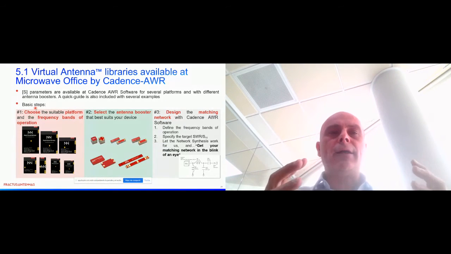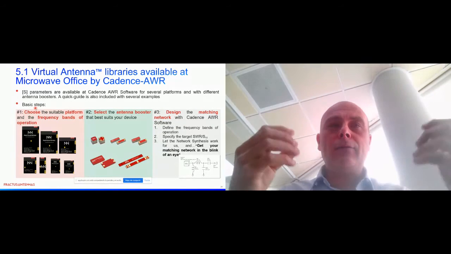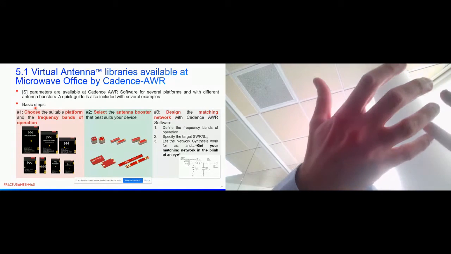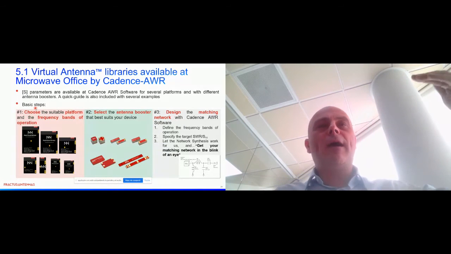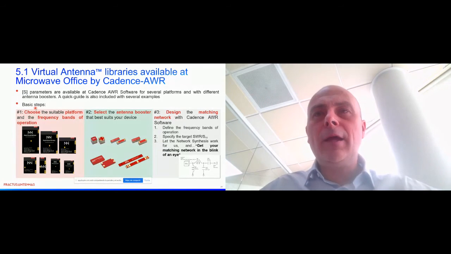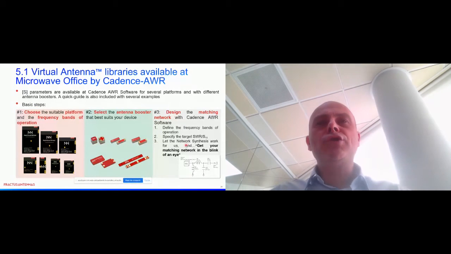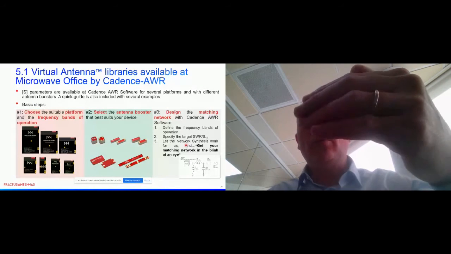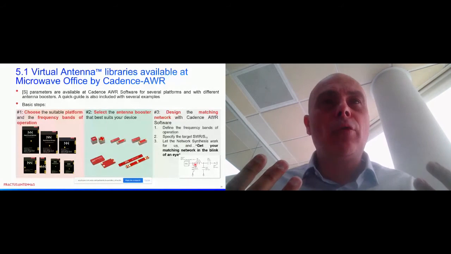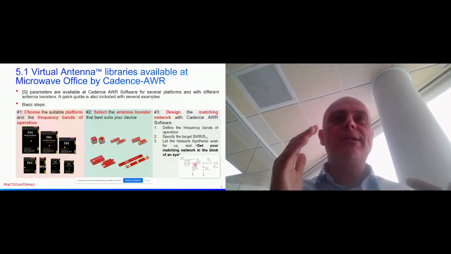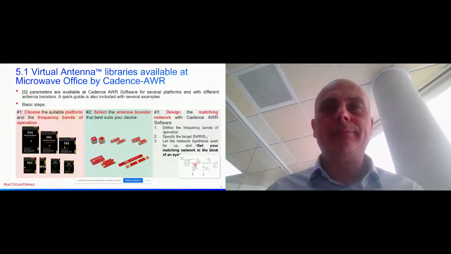So once you decide which PCB and which antenna booster, you have an S11 file that you can import in your software, and you define the frequency bands you want to operate, you define the target of your S11, and by using a network synthesis tool, you obtain the matching network. So you don't even need to design the matching network. The software is going to design the matching network, the topology, even with commercial components.